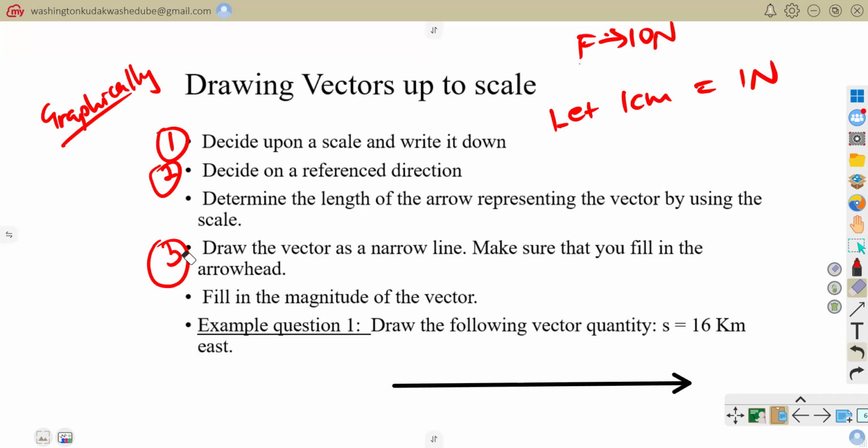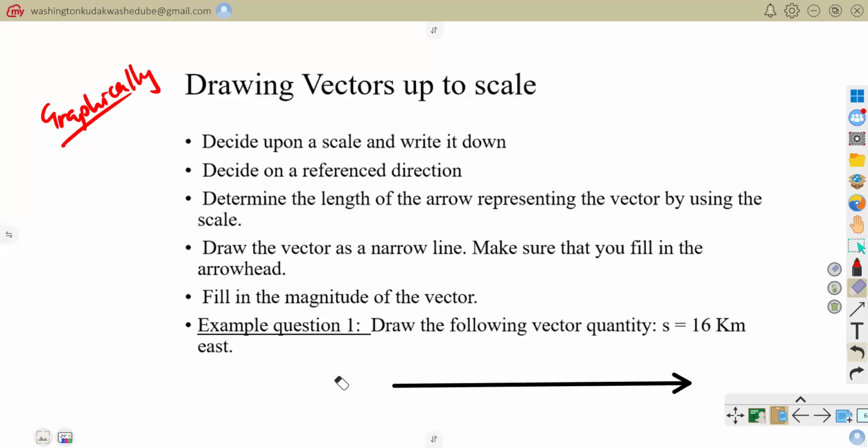So for example, let me use this example that is given here. They said draw the following vector quantity, which is displacement equals 16 kilometers east. So 16 kilometers east, let me delete this.